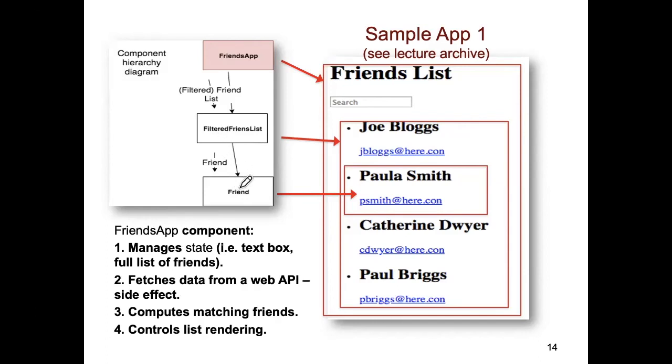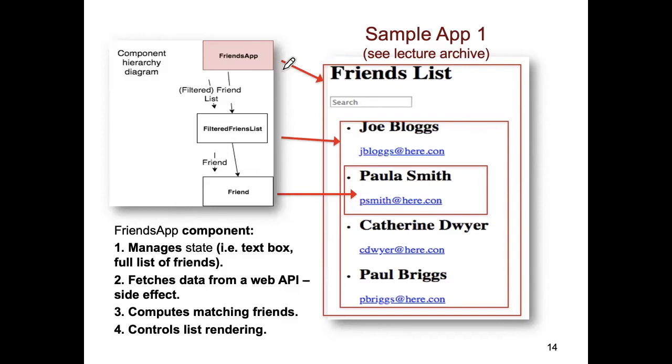So really at runtime, there are going to be a number of instances of this friend component, one for each friend entry on my list. So this component in the middle kind of manages the display of the list of friends. And the component at the top then takes care of the text box and just the heading.